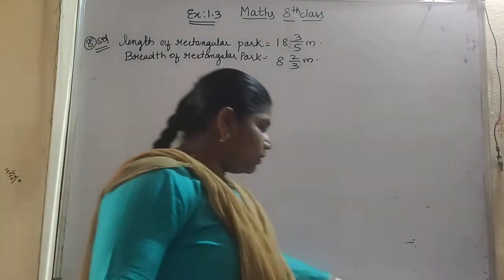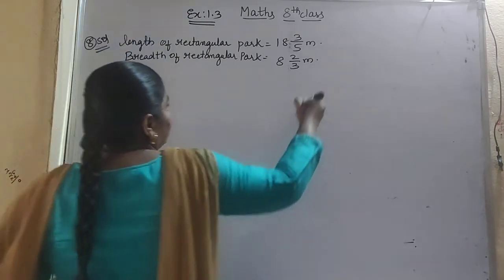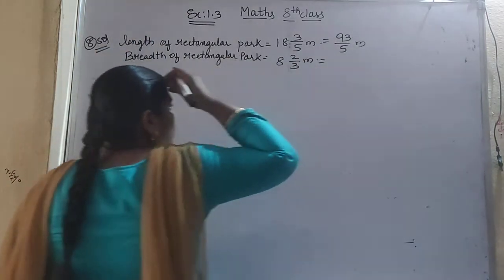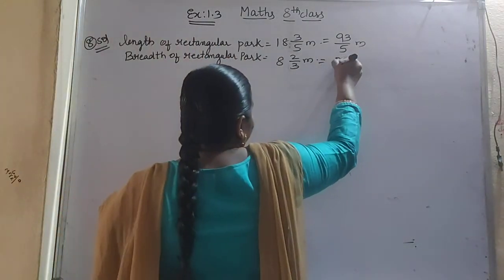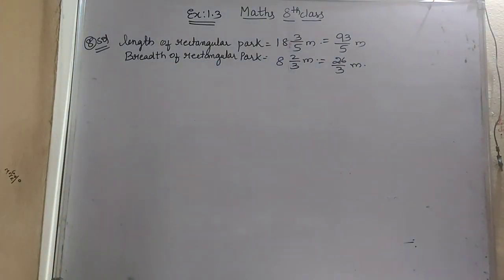First we have to convert these mixed fractions into improper fractions. So that will be 93/5 meters, and here 8 threes are 24, 24 plus 2 is 26. So 26/3 meters. So the length value is 93/5 and the breadth value is 26/3.